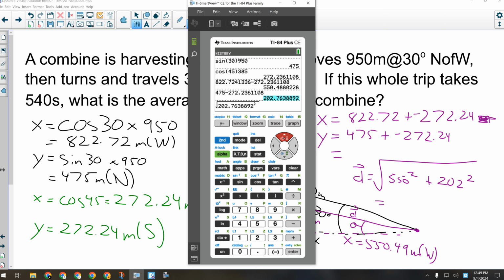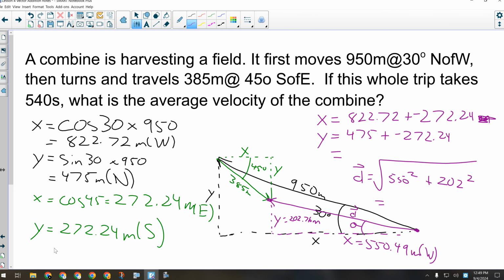So there's the 202, there's the 550. Oh, but I forgot to put a plus in the middle. That's better. Okay, so I'm getting that the total displacement is 586.64 meters.